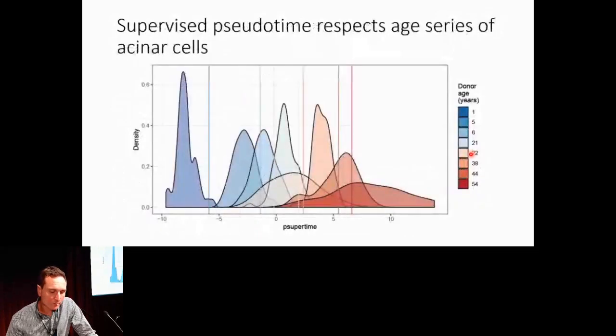And now if you run psupertime, this approach we call psupertime, on this set of acinar cells, then with respect to the psupertime, to the supervised pseudotime that we define, the separation of the cells coming from the individual samples is a lot clearer than for the approaches before.